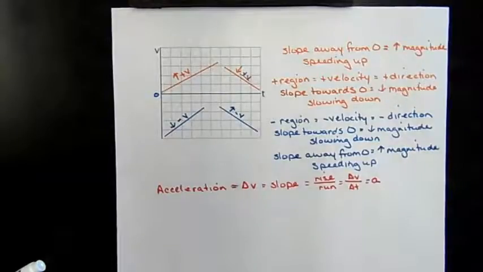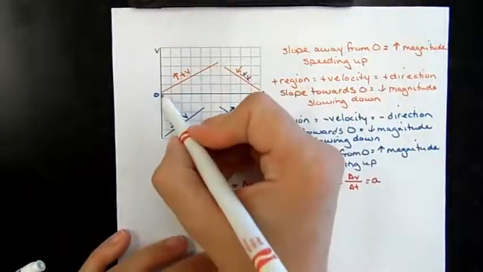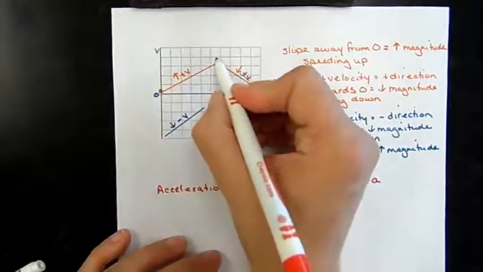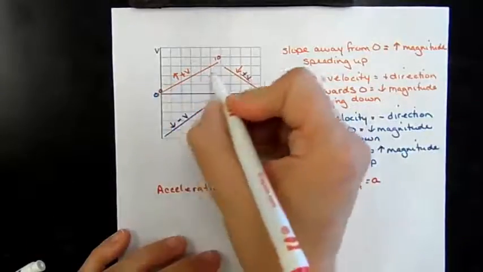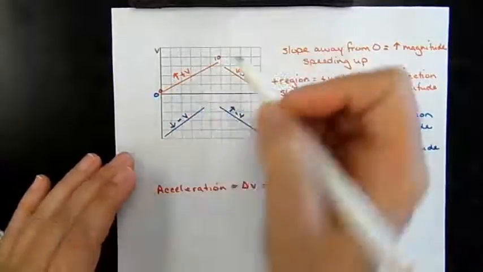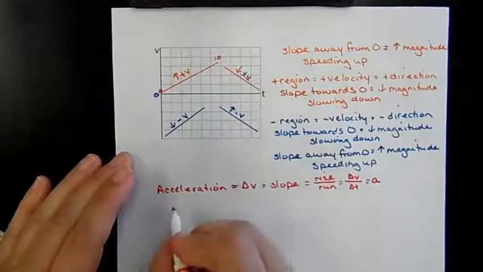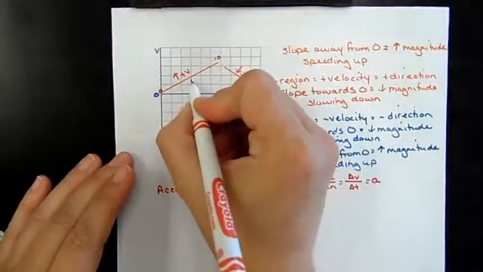So we're going to make up some numbers here. This is not to scale, but let's pretend it is. Let's just say that we go from 0 to 10 meters per second on this particular slope. So we're looking at this slope right here. In order to find the acceleration, let's call this line 1.